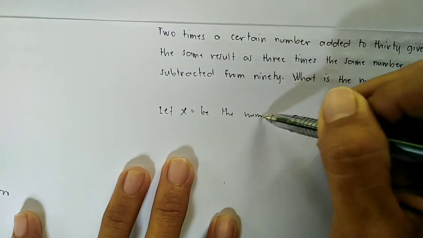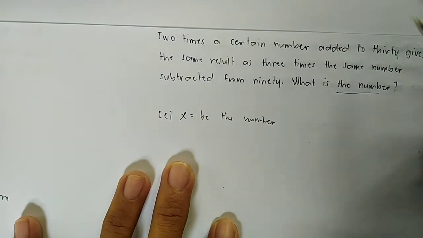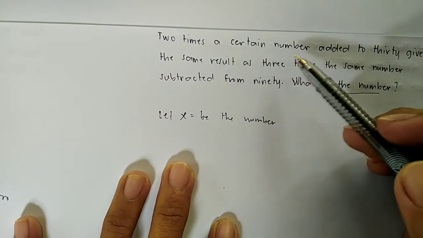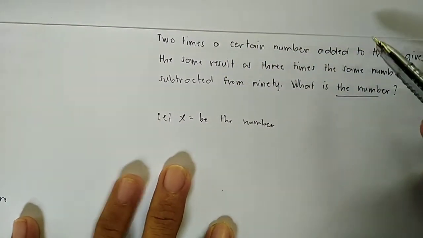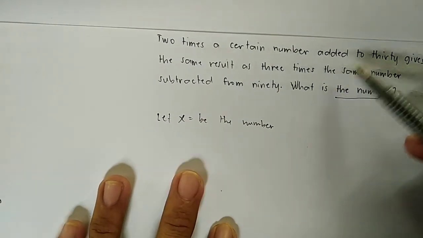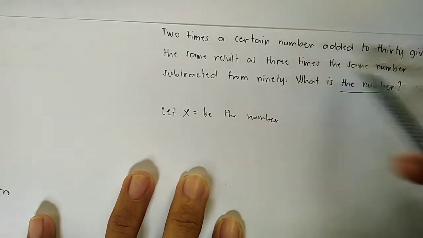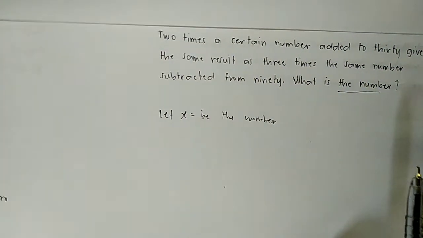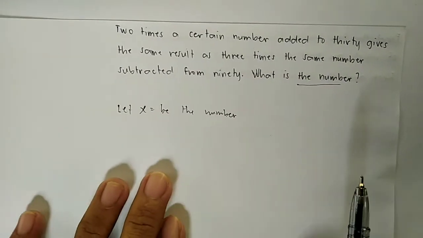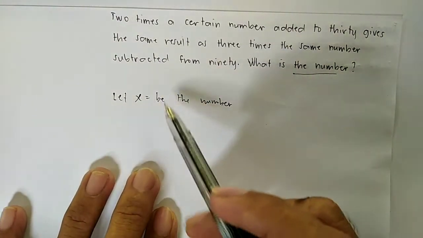It is just a matter of writing the number in different manners. In the statement, the number is being used in different manners, which is quite confusing, but we have to understand this and convert it into an expression to solve for x, or the number.